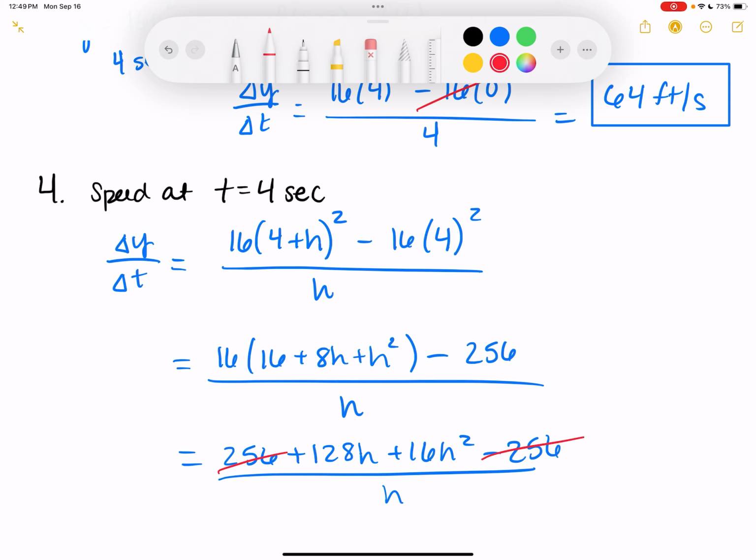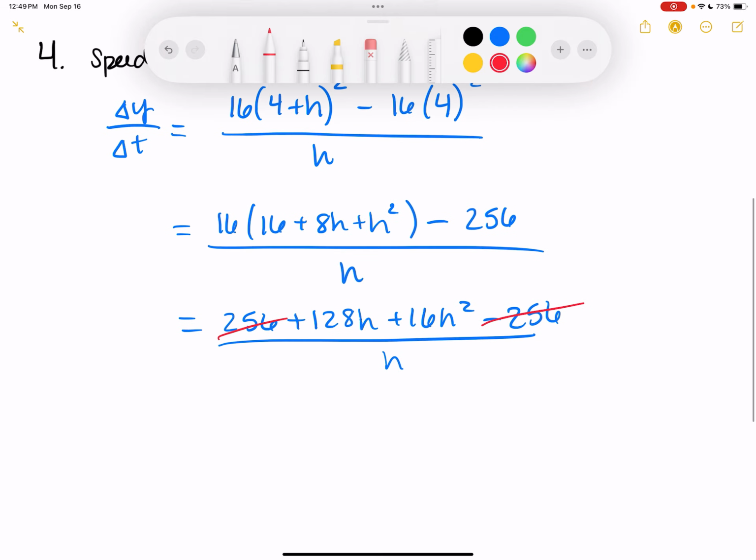What else happens? We can cancel some h's. I think y'all are beyond me needing to factor it out first, so I can just do this. And y'all know what that means. So I have 128 plus 16h. I don't think I ever factored them out first. Yeah, I just canceled them, crossed it out.